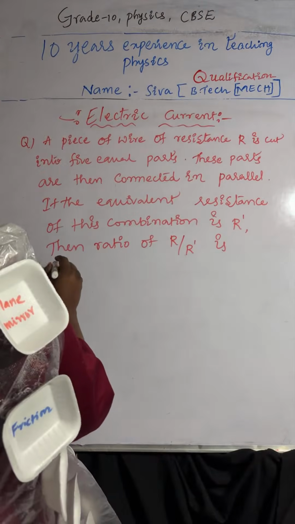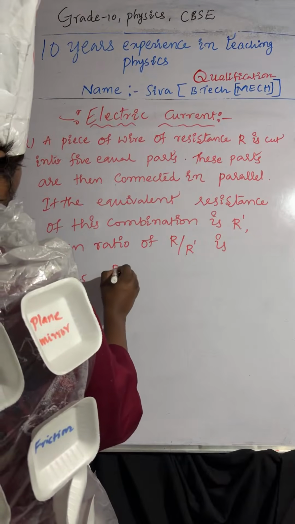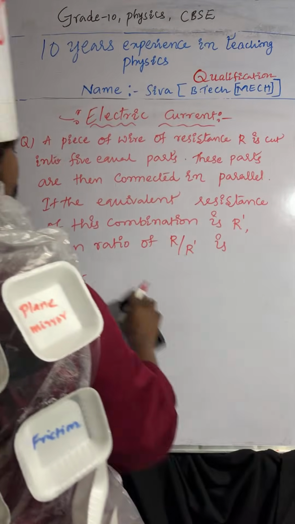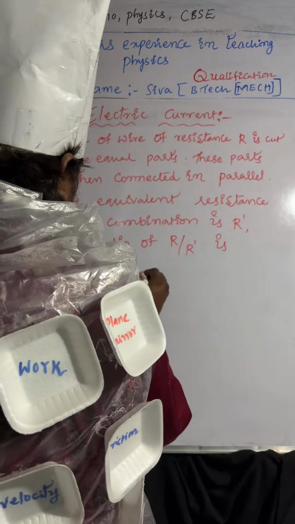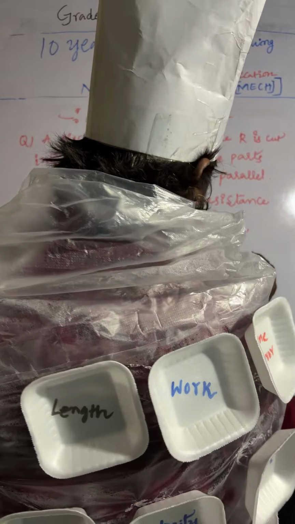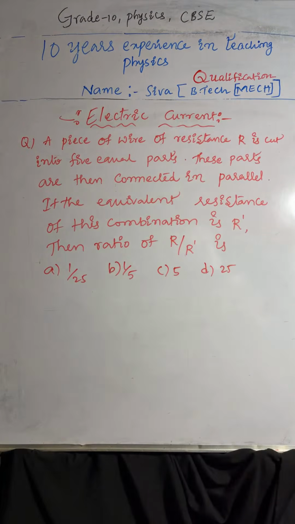A is 1 by 25, B is 1 by 5, C is 5, D is 25. So let me know the answer. That is the question. Check the question.